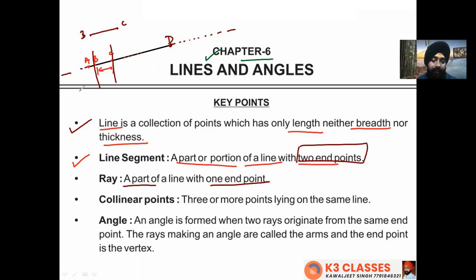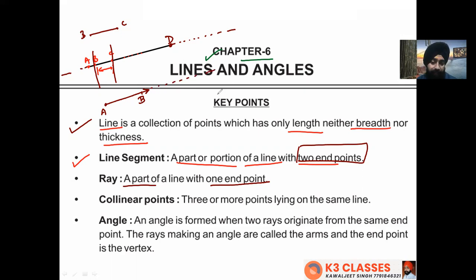A ray has only one endpoint and the other is extendable. The endpoint is A and a directional arrow is shown. So ray AB means the endpoint is A and it can be produced in the direction of B to any extent.